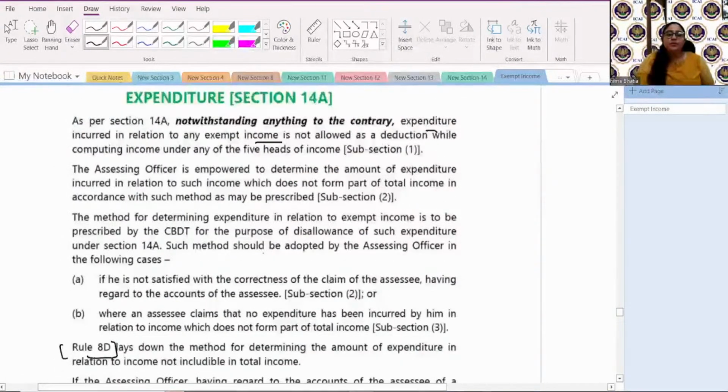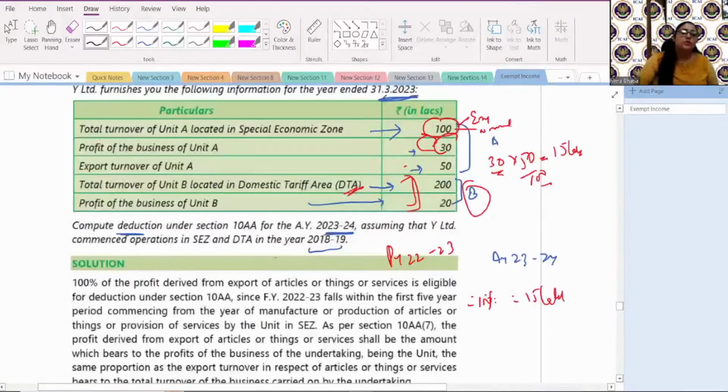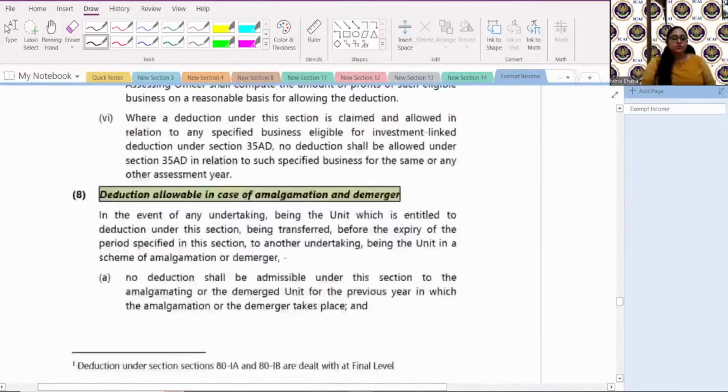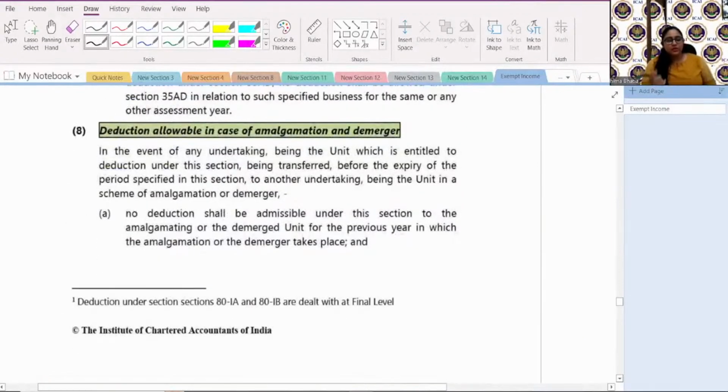Then someone asked me about amalgamation and demerger. First of all, this section SEZ wala jo hai, 10AA, this exempt deduction is allowed to the assessee who's into manufacturing. If tomorrow I have sold my business, then the successor would get it.